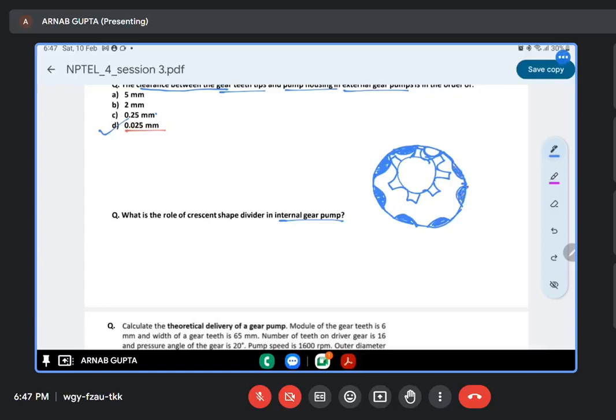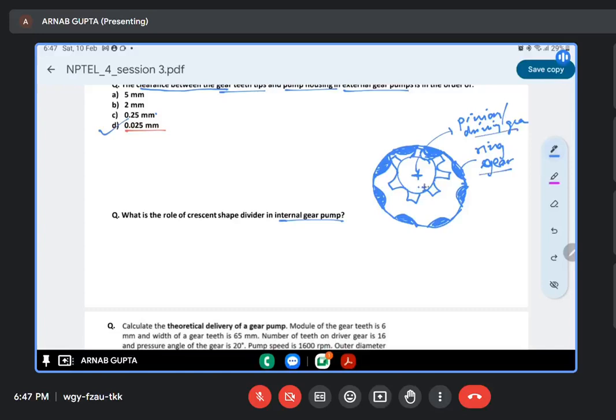External gear. I won't say external, rather the ring type ring gear. So this is your ring gear, and this is your driving or pinion gear. Again, here there should be some eccentricity between the center of the ring gear and the center of the pinion or the driving gear for these gears to be meshing, right?